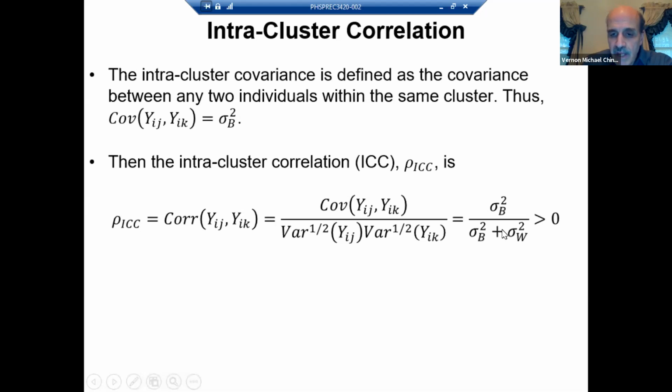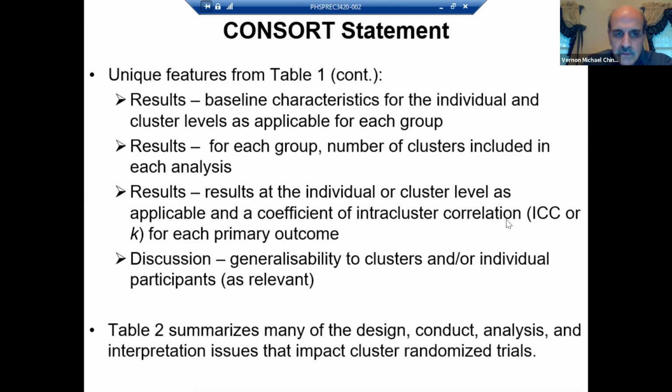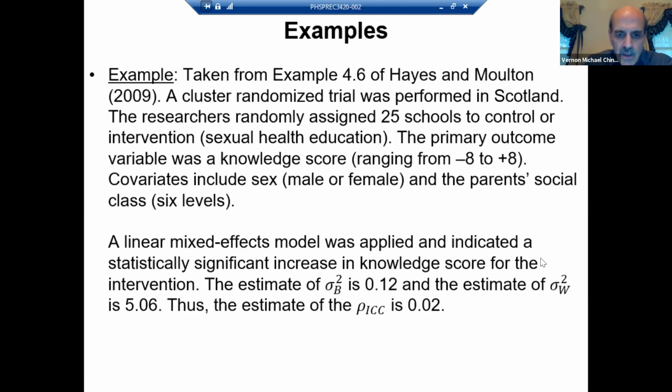I forget the numbers already. I remember sigma W squared was 5.06 and sigma B squared was 0.12. So anyway, when you do the arithmetic, you get that your estimate of the intra-class correlation was 0.02. So not large, but a small positive one.